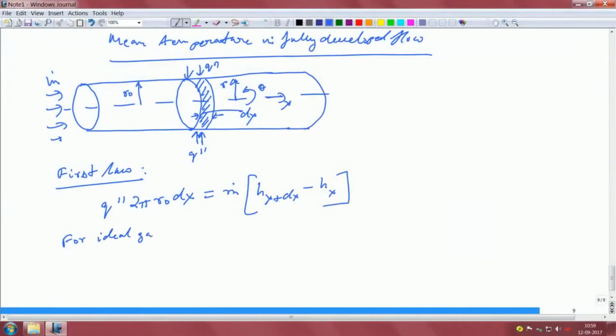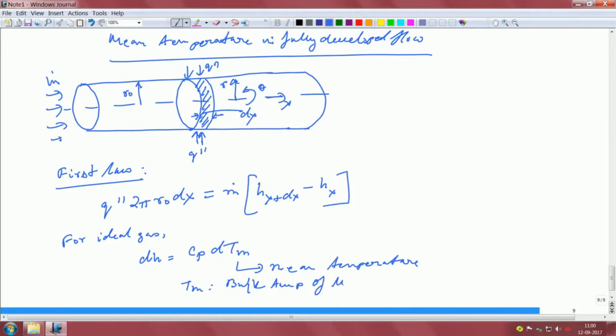Now for ideal gas, okay, dH is given by Cp dTm, okay, where we are introducing Tm as the mean temperature, and we will see what this is in a second. So Tm is basically the bulk temperature of the fluid entering the control volume.